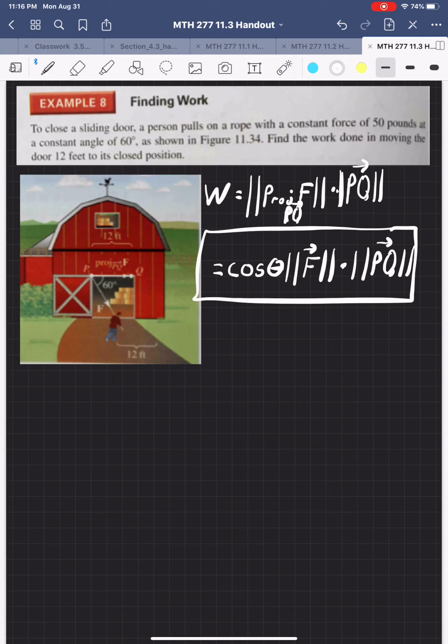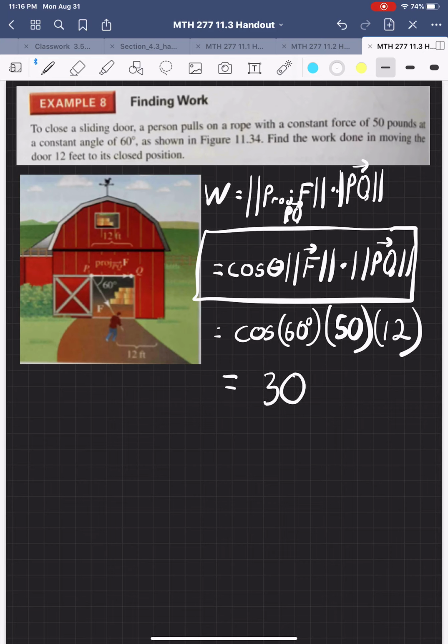So this is going to be cosine of 60 degrees multiplied by, how much force was it? 50 pounds. And that ended up being times that distance of 12. So that's just a half times 50 times 12. That's 300. I assume that would be referred to as foot-pounds.